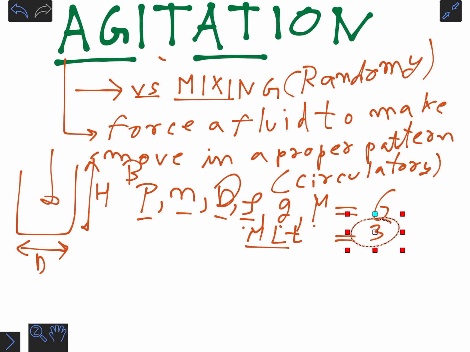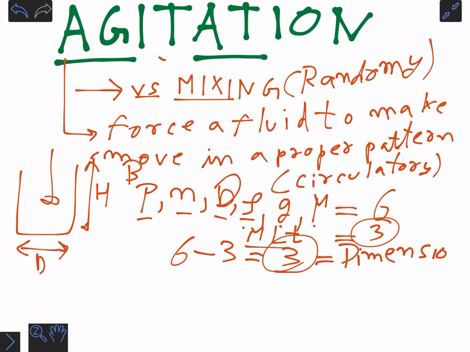Then when we do Buckingham pi analysis, we find 6 minus 3 implies 3. So for the agitator case we will have three dimensionless numbers.